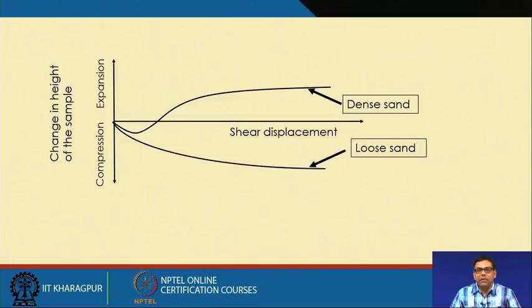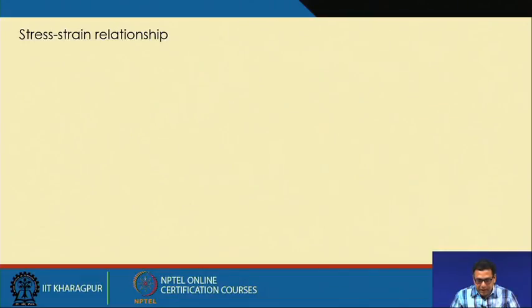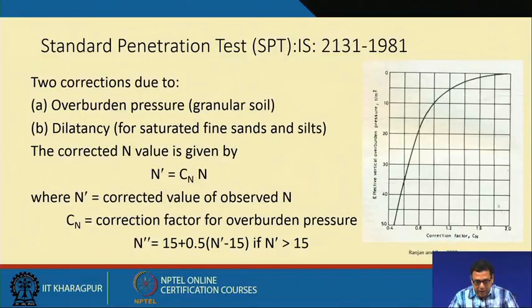Now, what does it mean? As I mentioned, our soil is filled with soil particles, and within the particles, if it is a saturated soil, you can see that dilatancy correction is required for saturated fine sand and silt. If the soil is saturated, then all the pores will be filled with water.